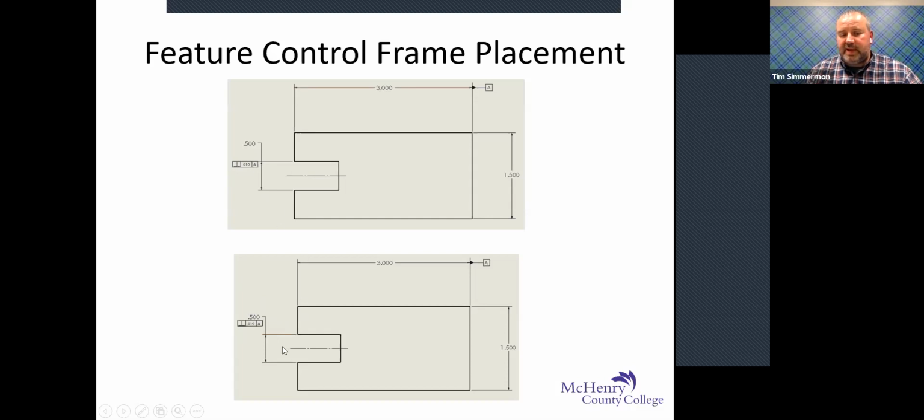If you interpret them backwards from each other, you might get lucky, but it will never work in your favor if you inspect that part differently than what your customer inspects it as. When they come back and tell you that your part's out of tolerance and you're looking at it, the part's in tolerance, getting to the root cause is rather difficult. A lot of times we see that as the interpretation of GD&T based on the location of the feature control frame.